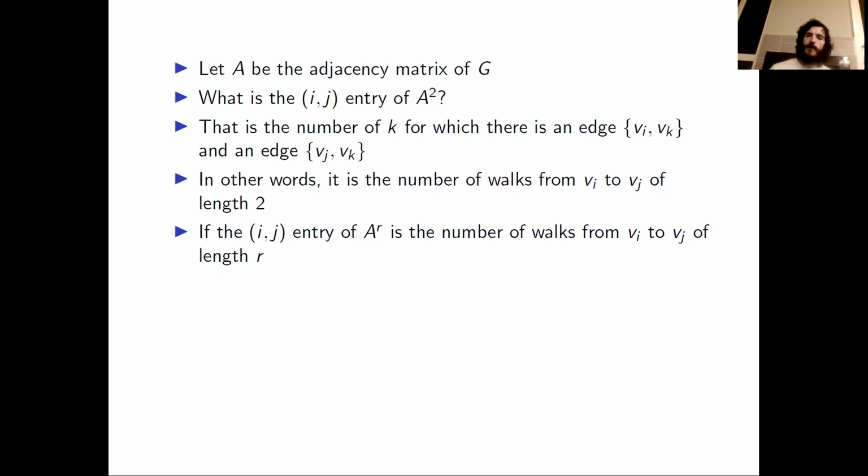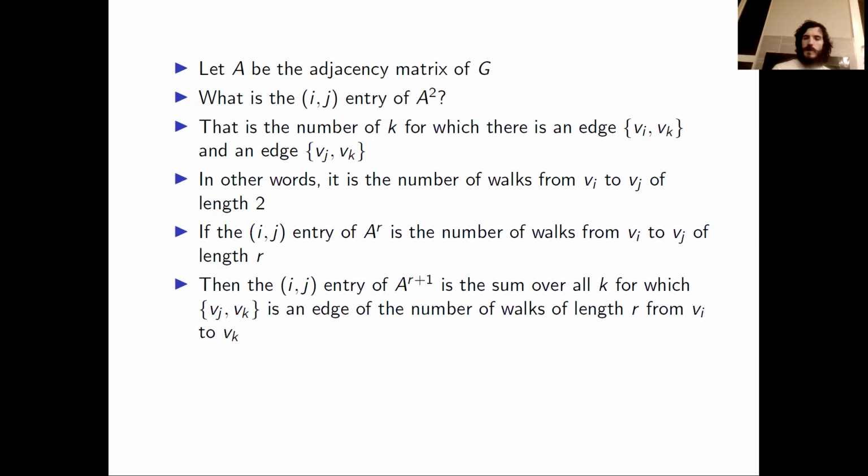Now we're going to look at the ij entry of A to the r plus 1, which is the same thing as A to the r times A. So that means that the ij entry of A to the r plus 1 is just going to be the sum over all k for which vj vk is an edge of the number of walks of length r from vi to vk.